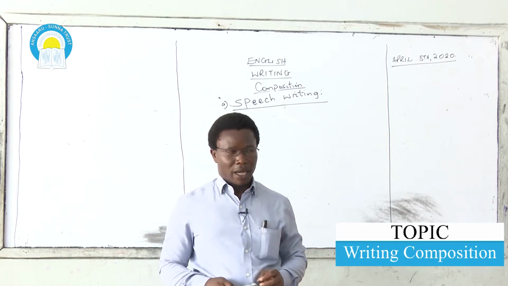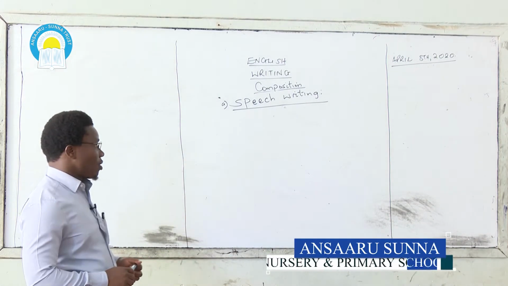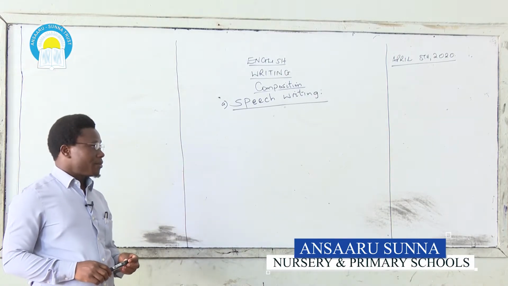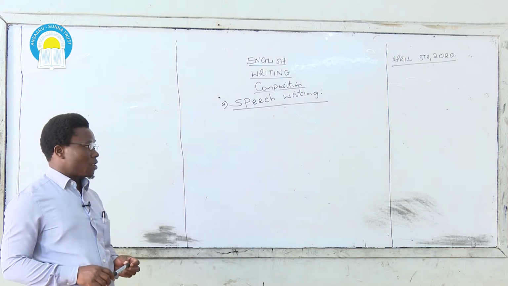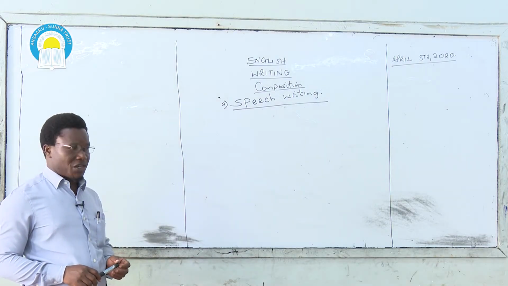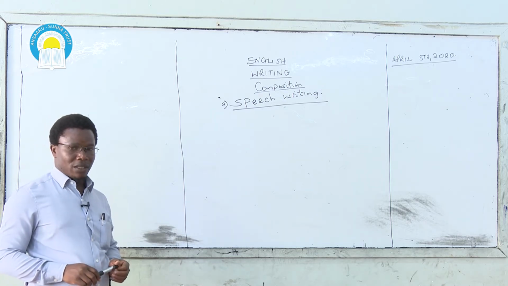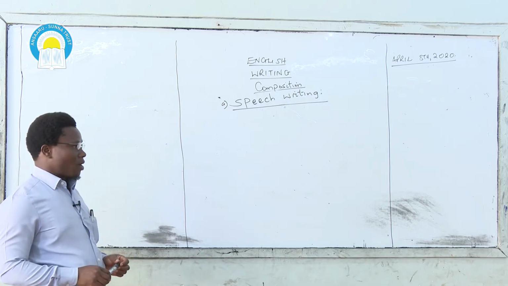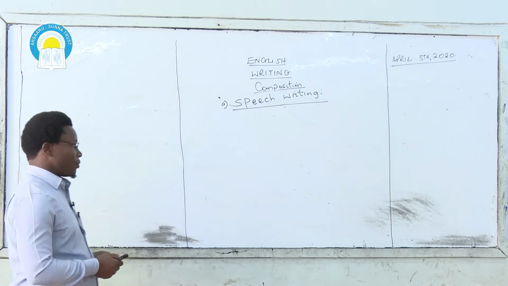So today's lesson, I would like us to study together in composition writing. And before we look at the composition as it was introduced last time by one of my core teachers by the name Dan Majron, I would like us to have a brief recap of what we were discussing in the previous session.